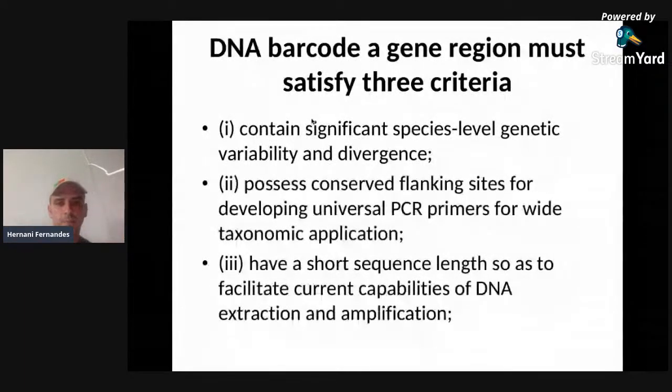They should possess flanking sites for developing universal primers, so you need to be able to make primers for these molecular markers in order to recover them during these studies. And they should be very short, with only a few hundred or dozens of DNA base pairs. These are the main characteristics of DNA barcoding.